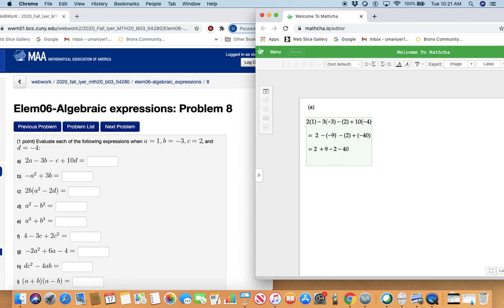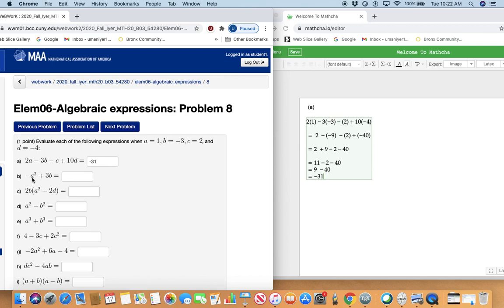Go from left to right because it's addition and subtraction. 2 plus 9 is 11. 11 minus 2 is 9, minus 40. 9 minus 40: that has bigger magnitude, so you're going to have a negative of the difference, -31.